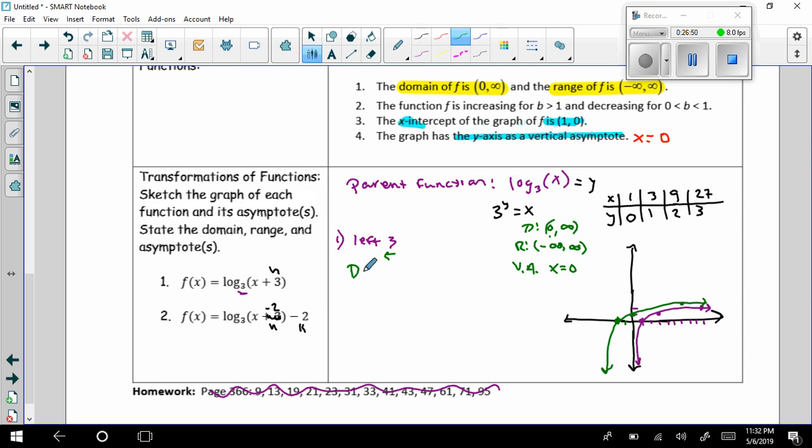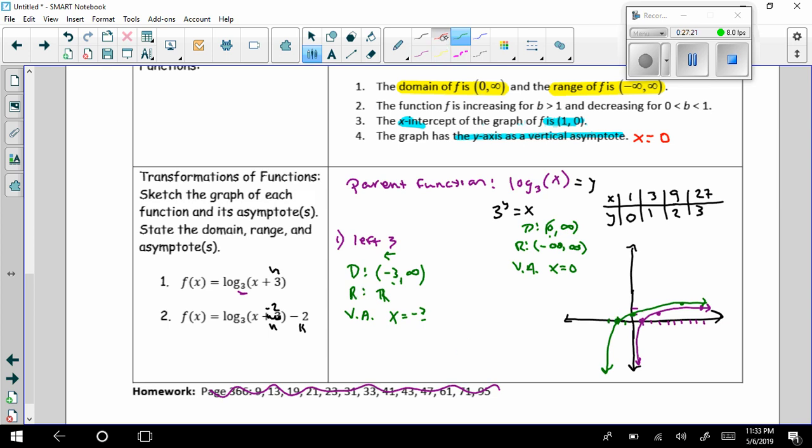So my domain goes from negative 3 to infinity. It does not affect my range. That's still all real numbers, but my vertical asymptote is going to be that first value in my domain, so x equals negative 3. I'm looking at a vertical line going through there.